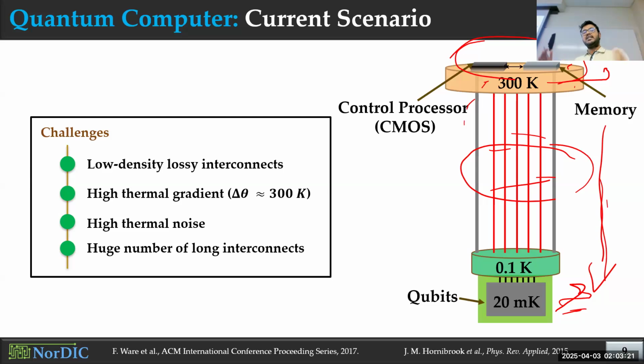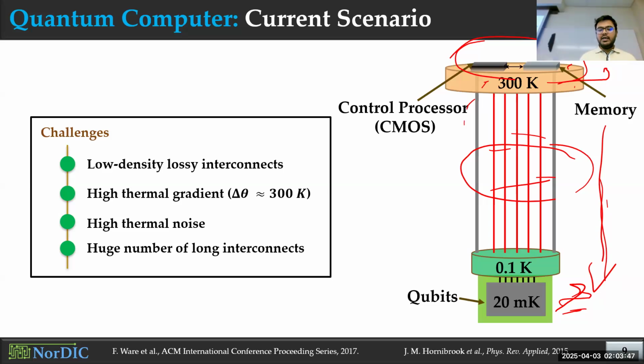Now, if we again increase the number of wires and interconnects to achieve more qubits, the resultant heat dissipation will be sufficient to destroy the qubit states. So there is no point in keeping the qubits at millikelvin temperature, because the wires will actually carry that thermal noise to the qubits, right?